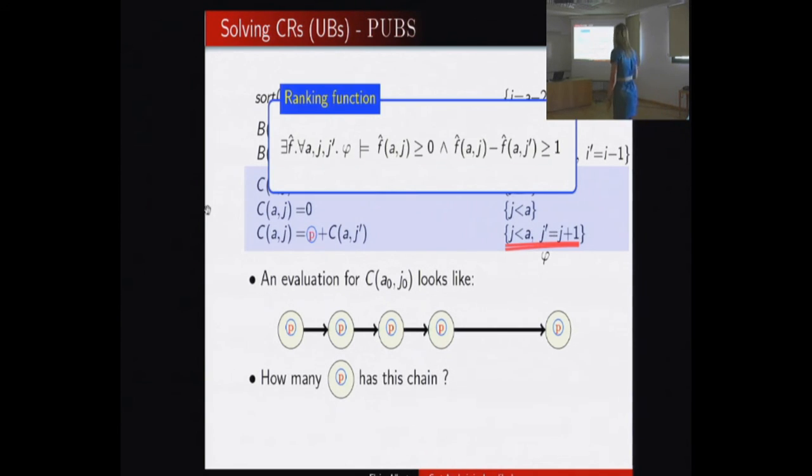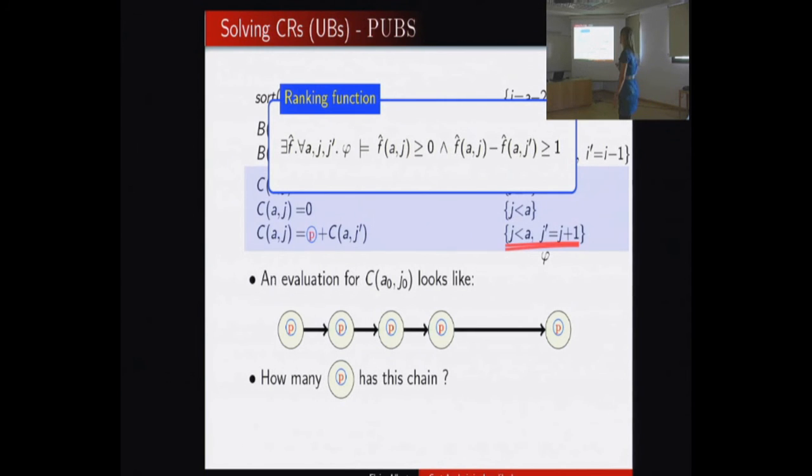The solution we came up with is called ranking functions, and they have been used in the context of termination analysis for a long time. In termination analysis, to prove that a loop terminates, they try to find a ranking function. If a ranking function exists, it's guaranteed that the loop terminates.